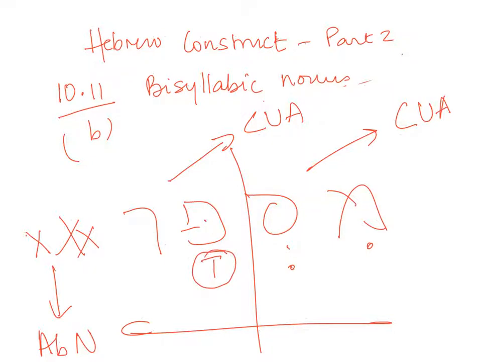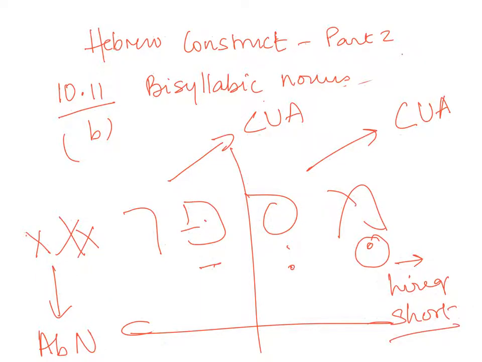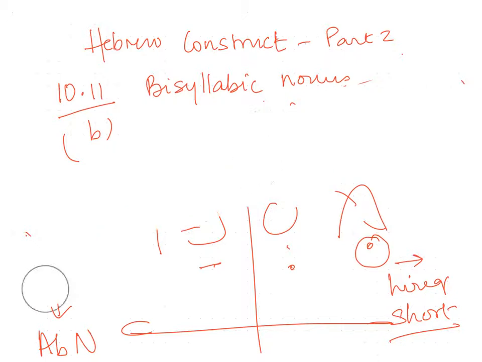I cannot have kamets in a closed unaccented syllable. This will become a patach. What about this syllable? Here it is a kirek, and it will not shorten itself. It is already short, so I don't have to change the vowel at all, because a closed unaccented will always take a short vowel. One more example.